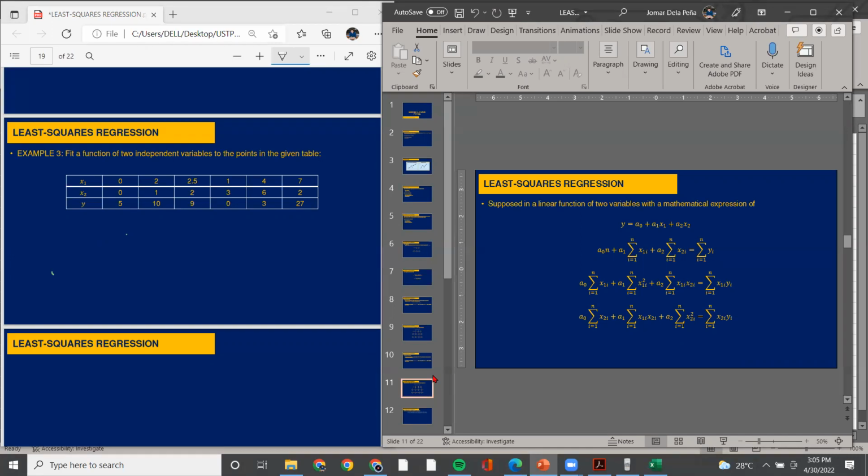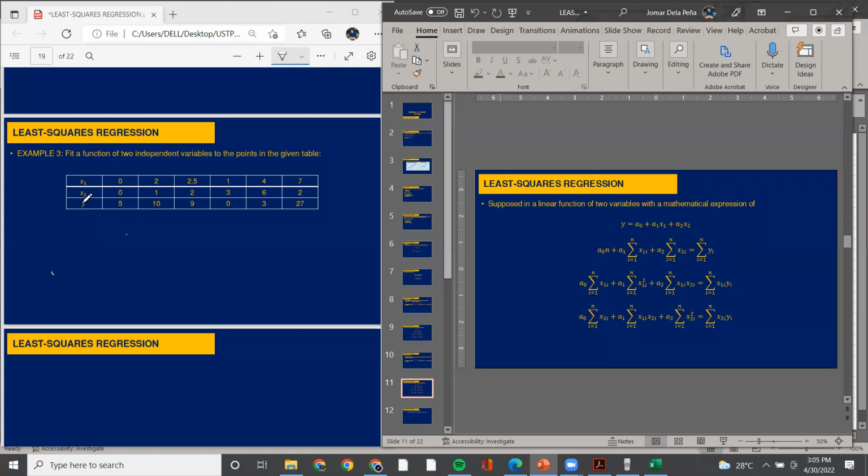The working equation is the same as in class. What you need to get is the summation for the three equations: E sub 0, E sub 1, and E sub 2. Just three equations.